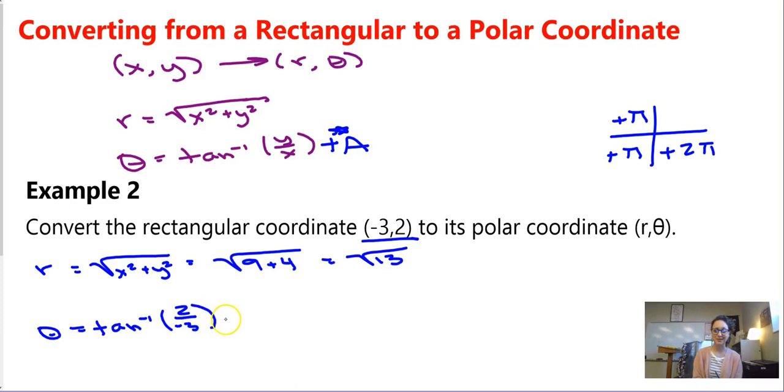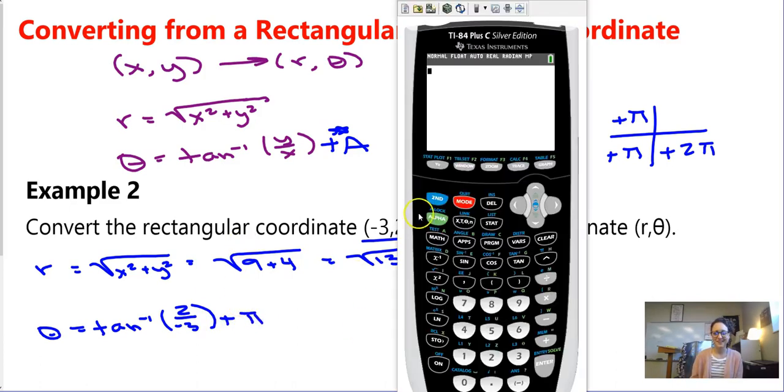Now let's think about what quadrant that point lies in. So what quadrant are we in here? We are in quadrant 2, right? So we need to add what in radians? We need to add pi to adjust. So let me type this in. I'm going to go inverse tangent of 2 over -3, close parentheses, and then I'm going to add pi right away.